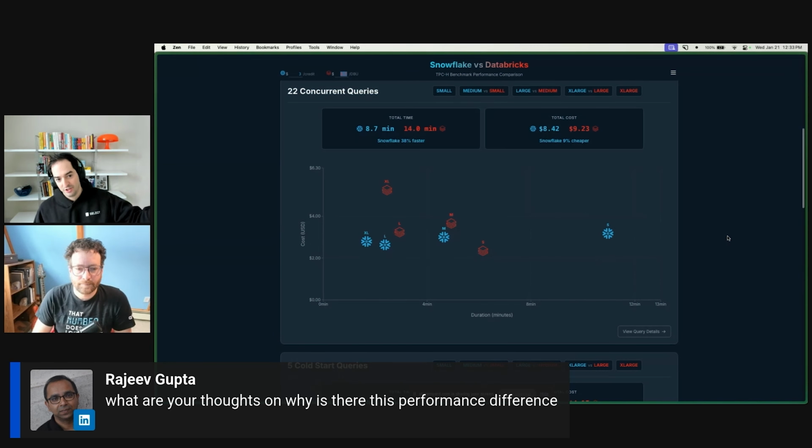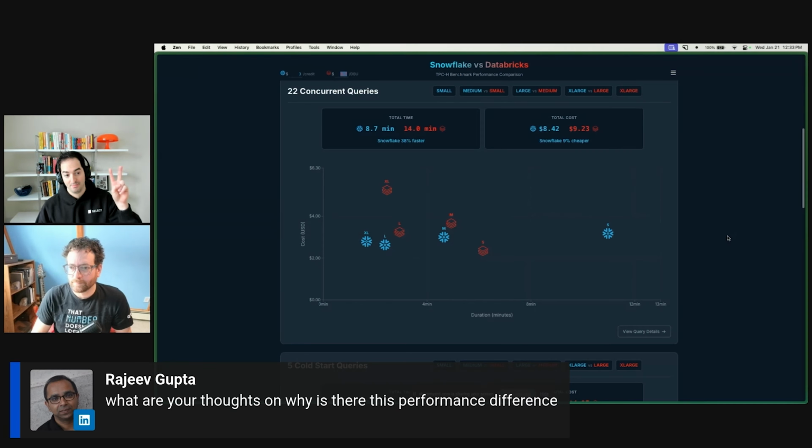What Jeff is showing here with respect to concurrent queries: if we think about what's going on when you have concurrency in either of these platforms, there are factors that come in, like how well the autoscalers work for each of these two sets of virtual warehouses. Jeff shared this earlier. Snowflake and Databricks allow you to choose two key parameters.